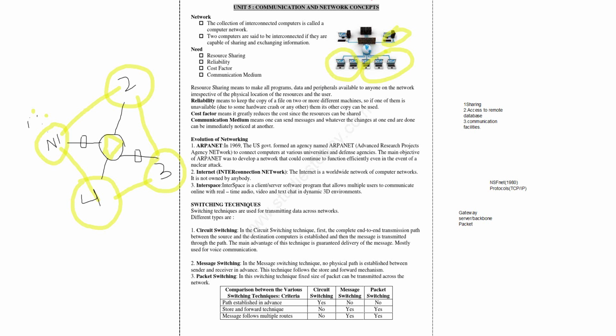So if a packet gets lost, it will ask again and again for the packet. The packets are assembled in order of their number and the original message, file or document is obtained.